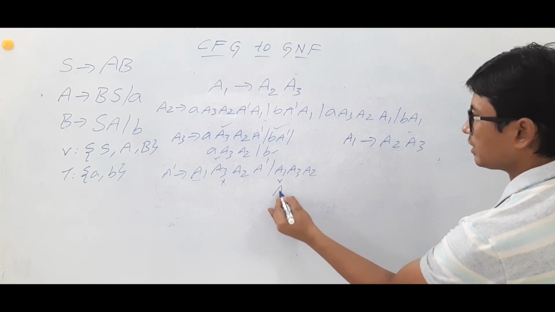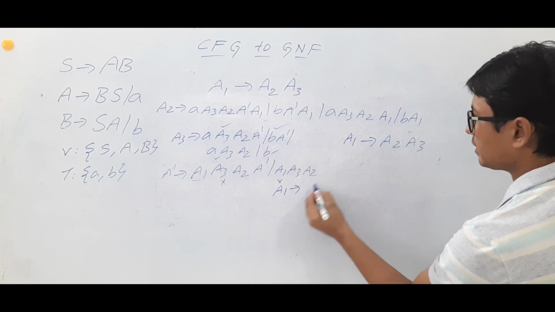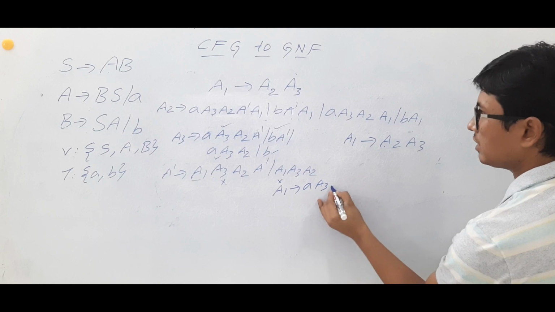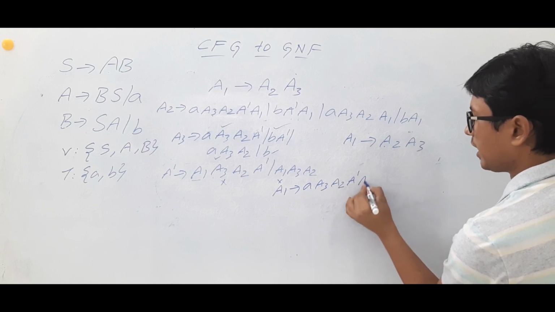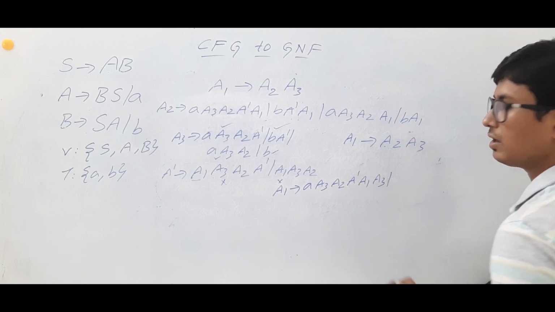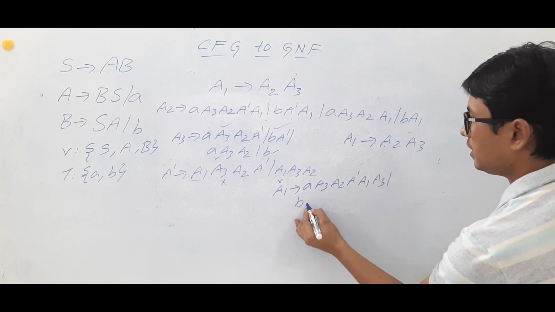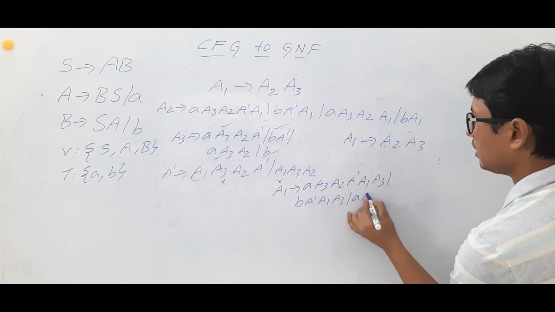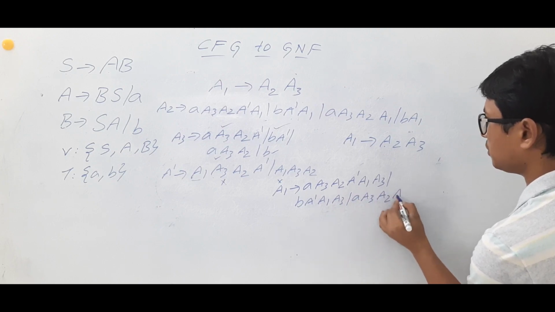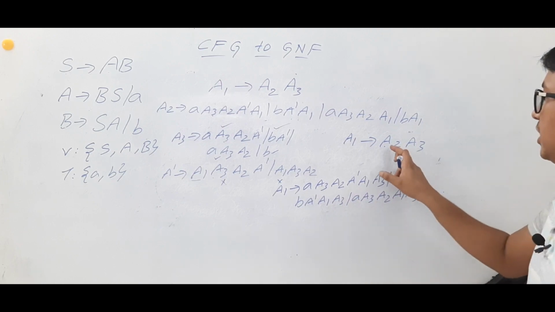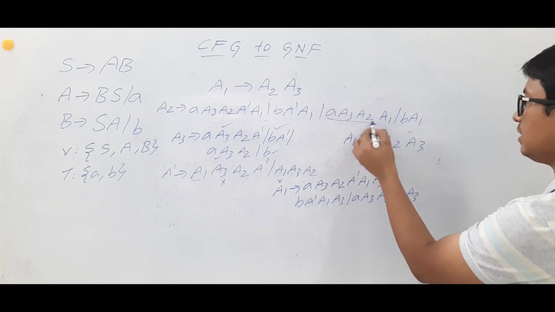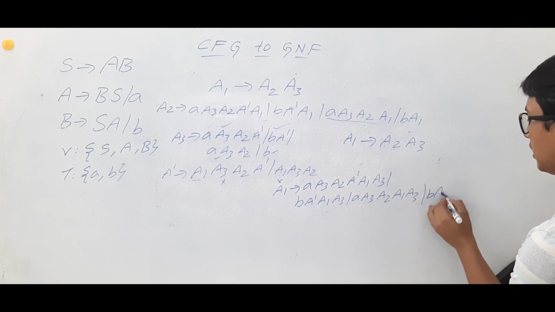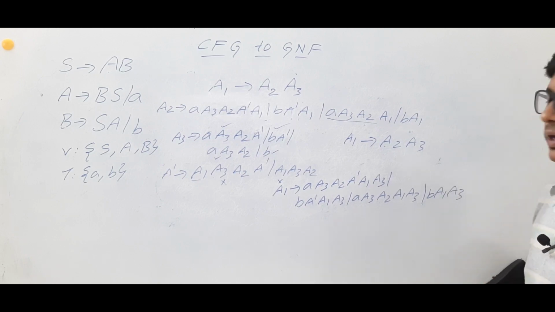Now A1 is determining, in place of A2 I will keep this one, A, A3, A2, A dash, A1, A3, or B, A dash, A1, A3, or A, A3, A2, A1, A3. See, in place of A2 I am keeping this entire one and concatenating with the A3 variable, or B, A1, A3. Are you able to understand how I got it?